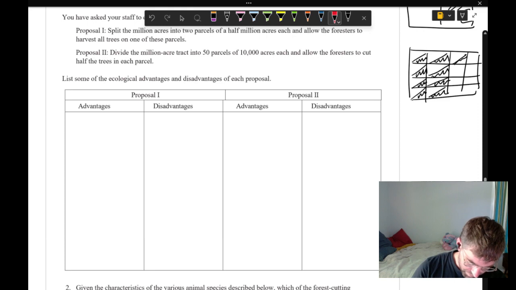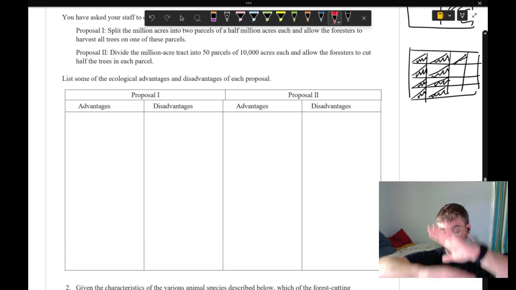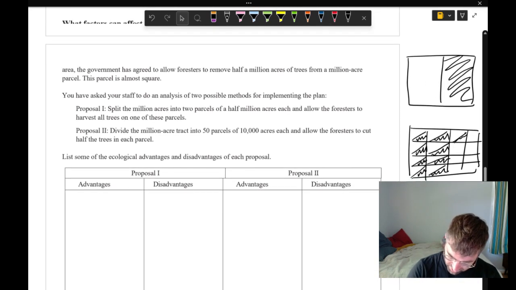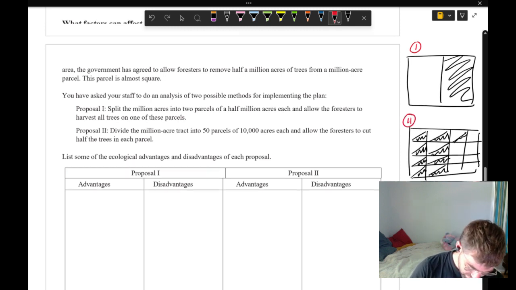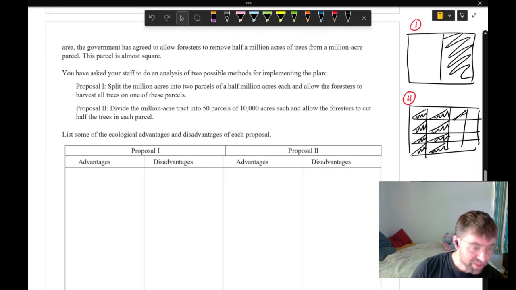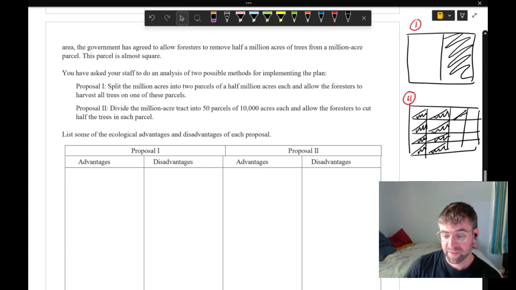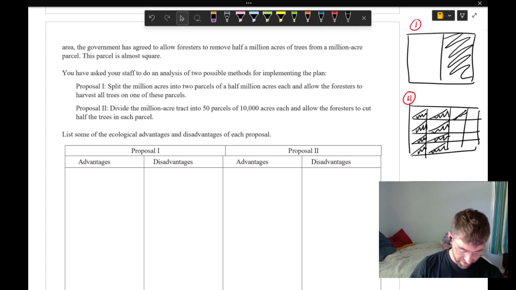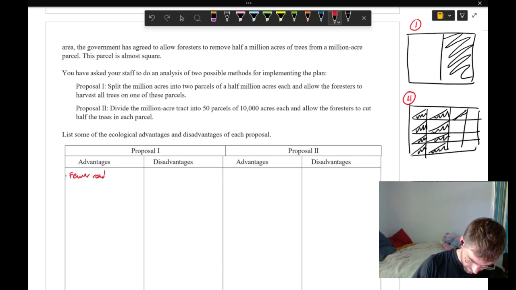So, proposal 1, we take the entire, I should mark these. This is proposal 1, this is proposal 2. So some advantages of proposal 1 is infrastructure. Fewer roads are going to be needed. So fewer roads means there's going to be less intrusion into the rest of the forest.